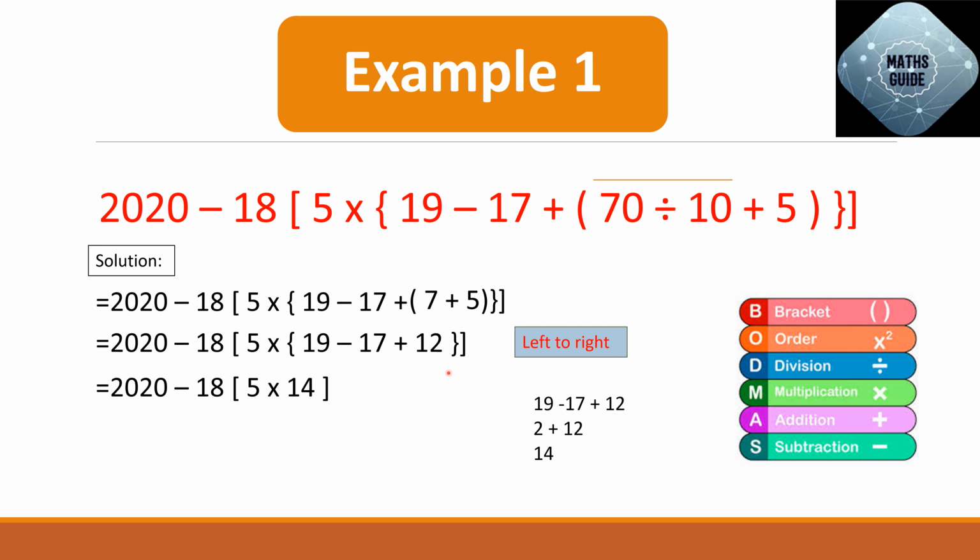And now we have to remove it. After this we have 5 multiplied by the answer, that is 14. After solving this square bracket we will be having 70. Now we have no bracket and the two mathematical operations are subtraction and multiplication. Then obviously we will multiply first according to BODMAS rule. After multiplication we get 1260 which will be subtracted from 2020 and the answer will be 760.